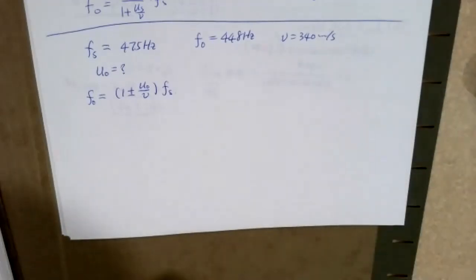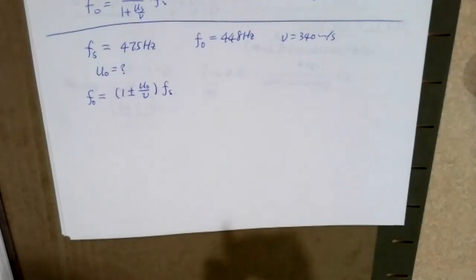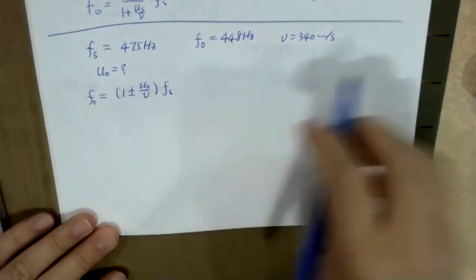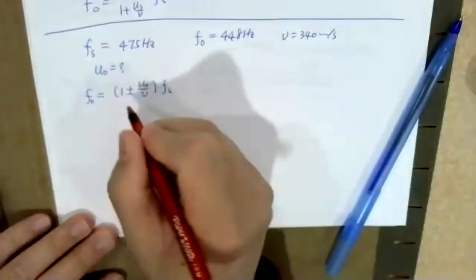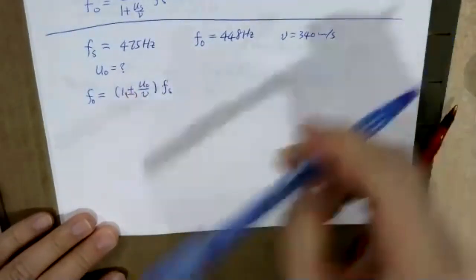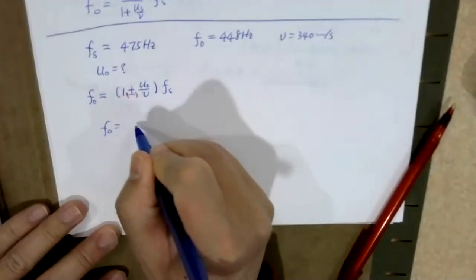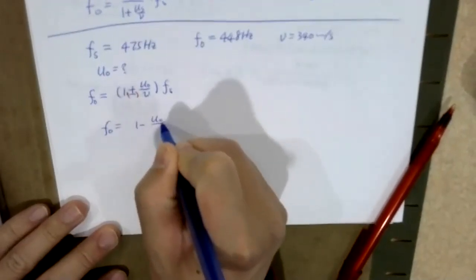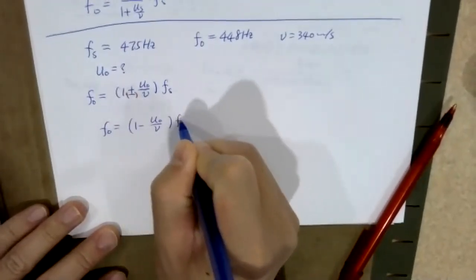All right, so let's take a look here together. The pigeon is moving away from the source, so you can see that the frequency it heard is decreased. So you're going to take the minus sign here. f_o equals 1 minus u_o over v, times f_s.